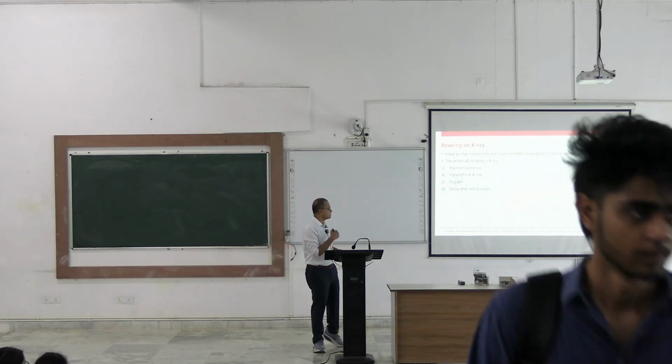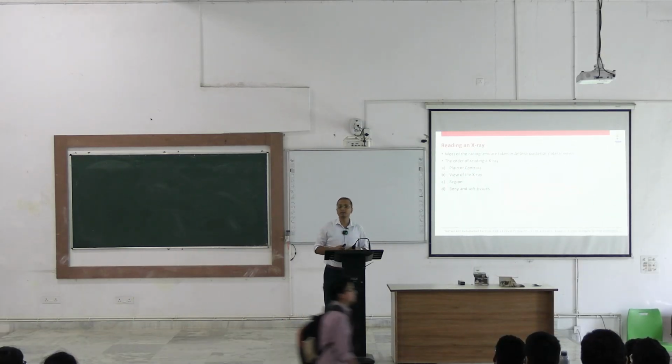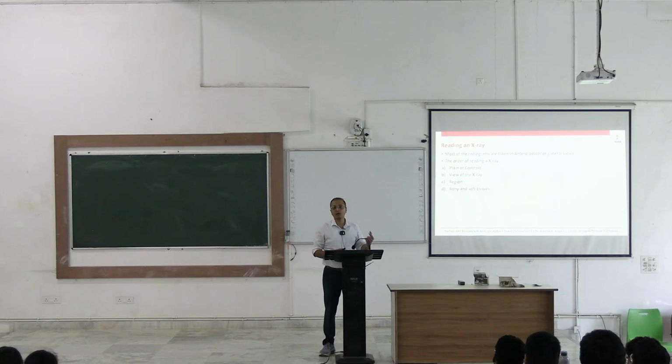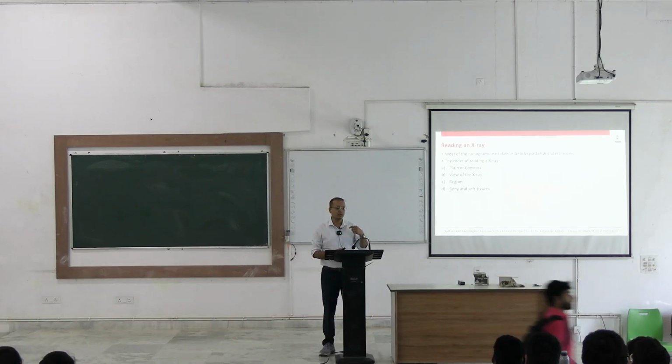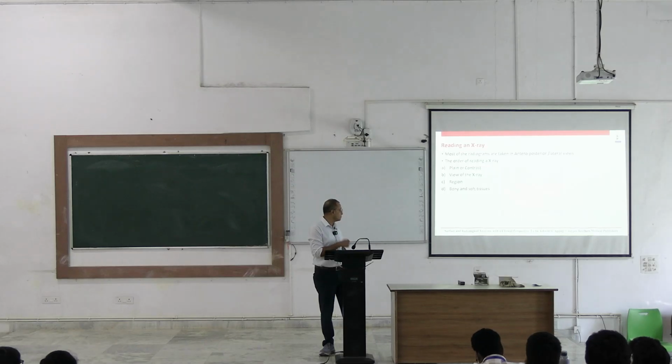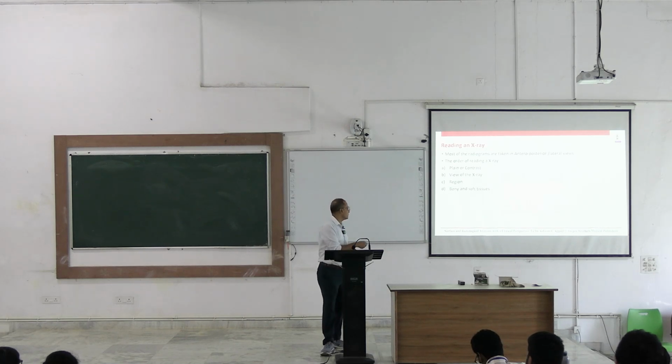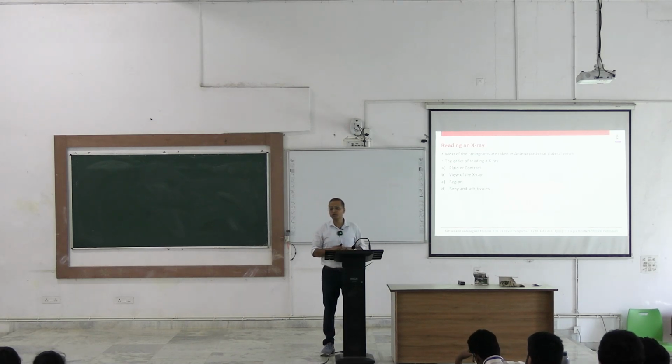And then the bones present within this X-ray region: what bones you are seeing, if the bone is partly present or fully present, if the bone is making any kind of joint, that means articulation or not, and what type of articulation it is. Then you move to the soft tissue, that means other than bones, tissues like muscles and the visibility of ligaments, if present, or we can generally term them as soft tissue structures.